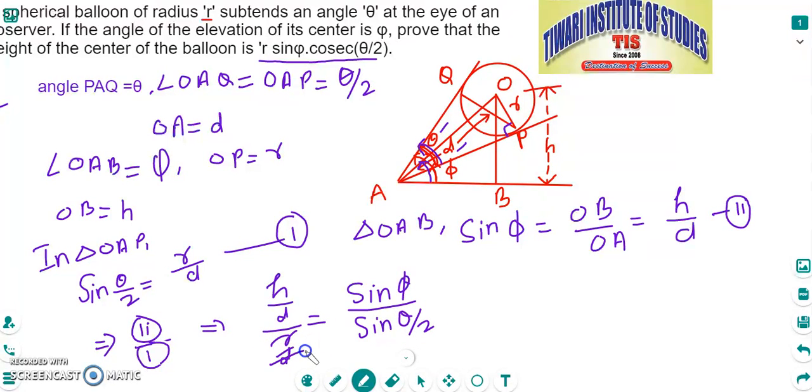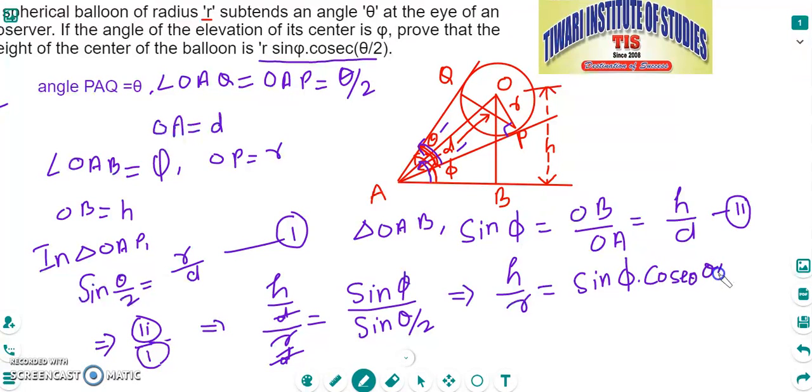So this D and this D will be cancelled out, and it will look like H divided by R equals sine phi, and because 1 over sine is equal to cosec, it will be written as cosec theta by 2.